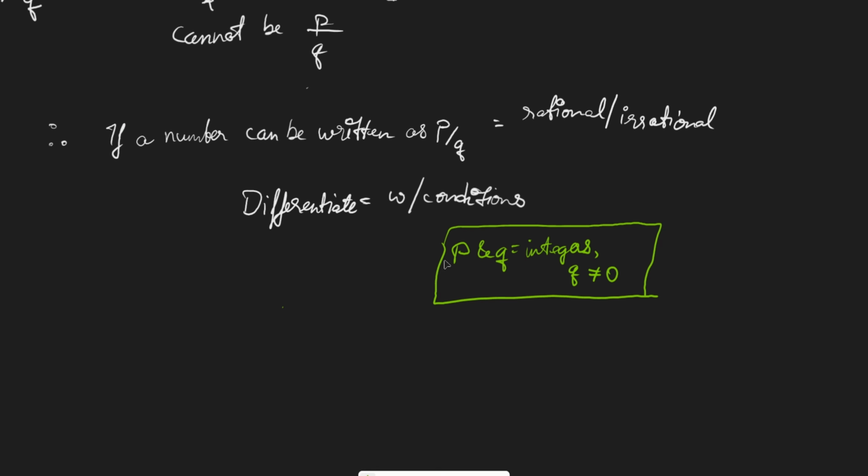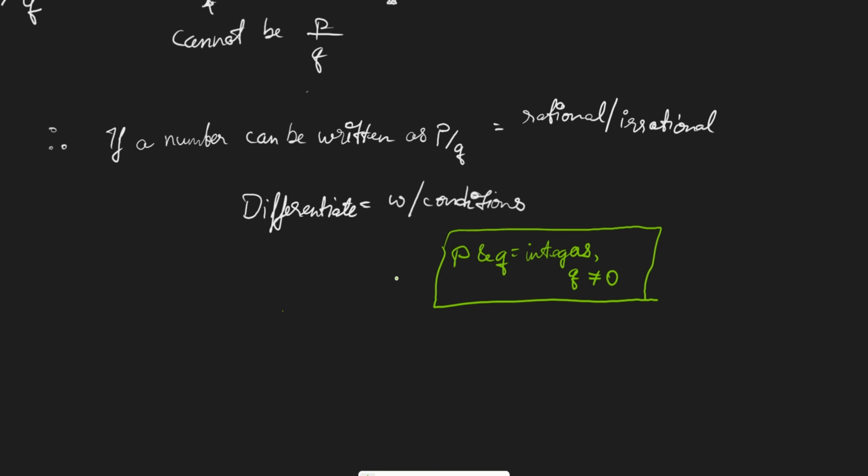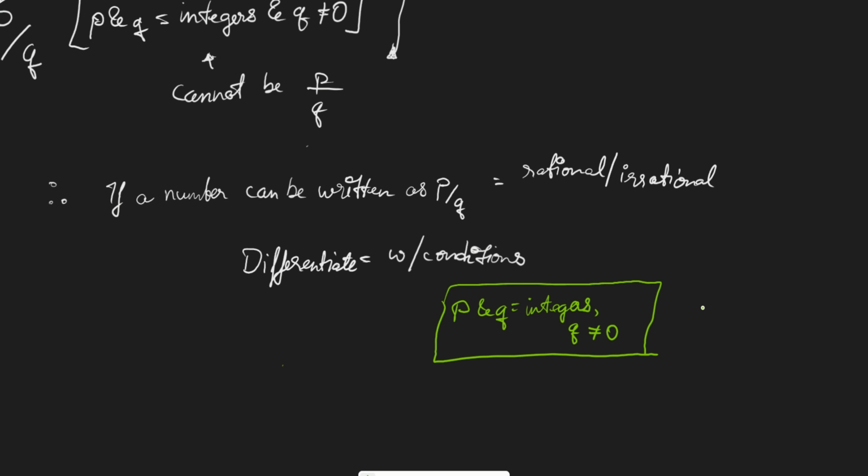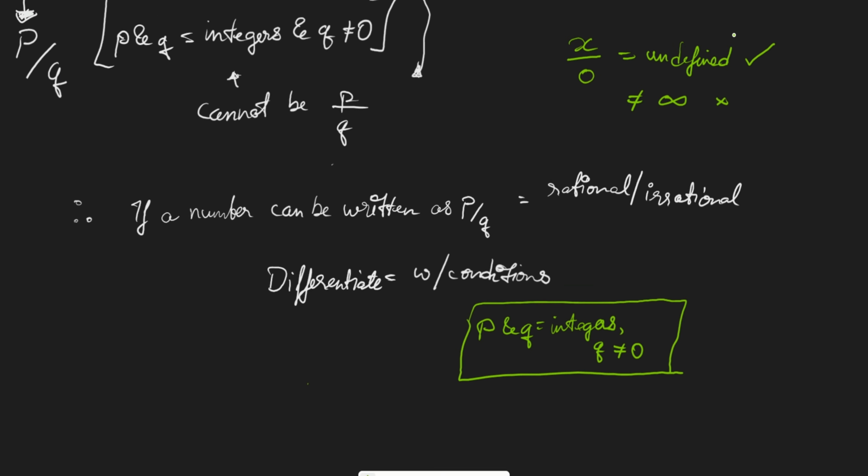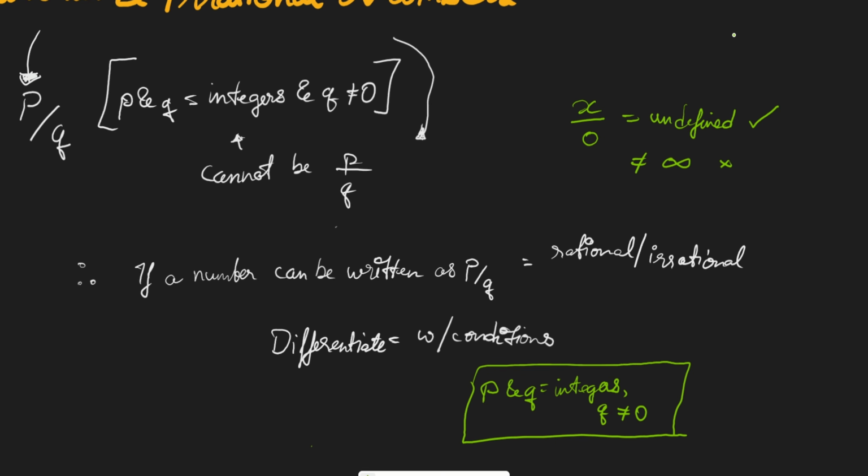We can write it in another form. And now the second clause is because any number divided by 0 is undefined. It is not infinity, it is undefined. Like you cannot say infinity, this is wrong. This is correct. So these are rational and irrational numbers.